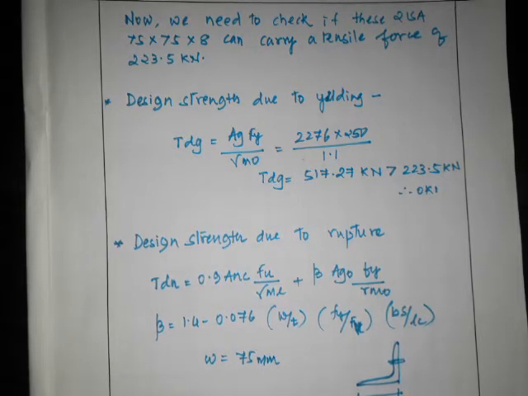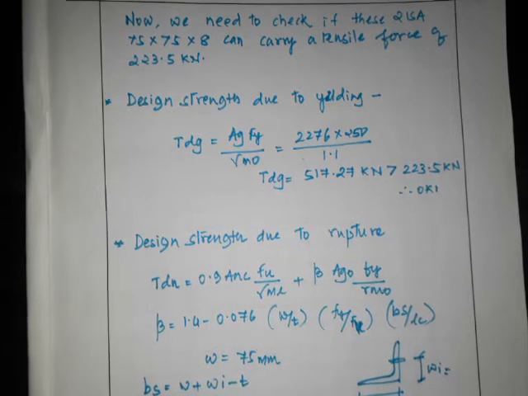Then we have bs, which is given as w plus w1 minus t. This is there in the code also. The value of this we will get from the steel table.